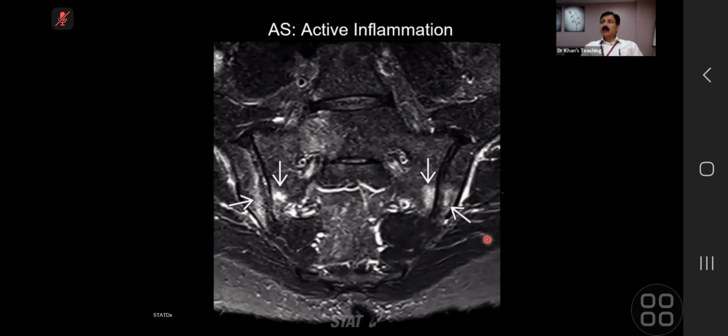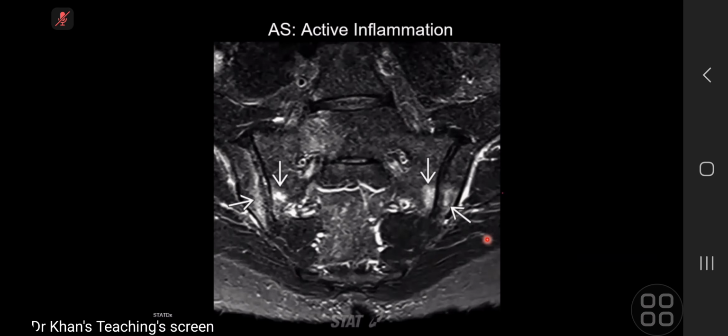If the candidate 5, if the rheumatologist sends this patient to you, rule out Eng-Spawn, how will you report it? So this is a single coronally oriented fluid sensitive MRI sequence through the pelvis.